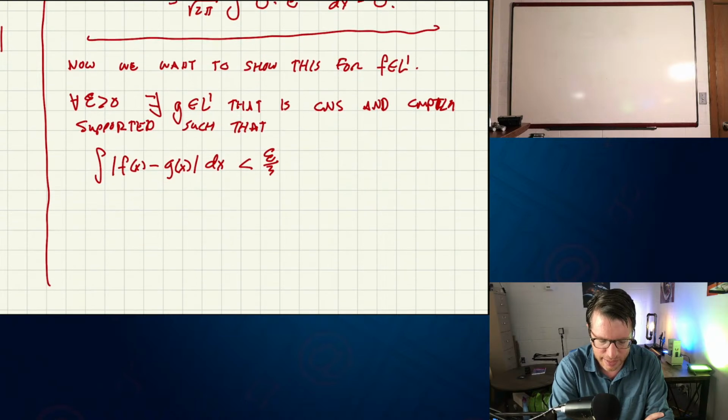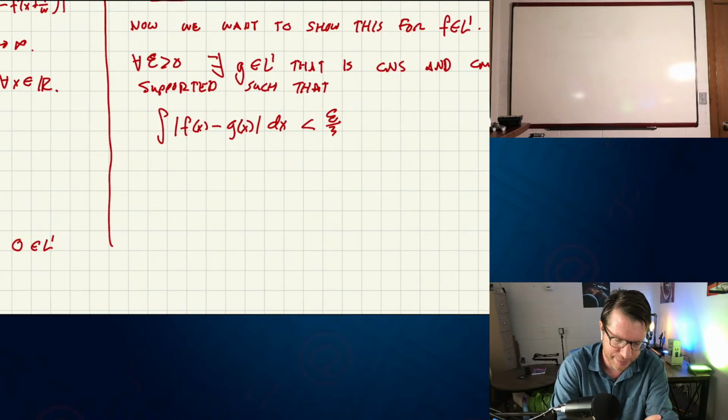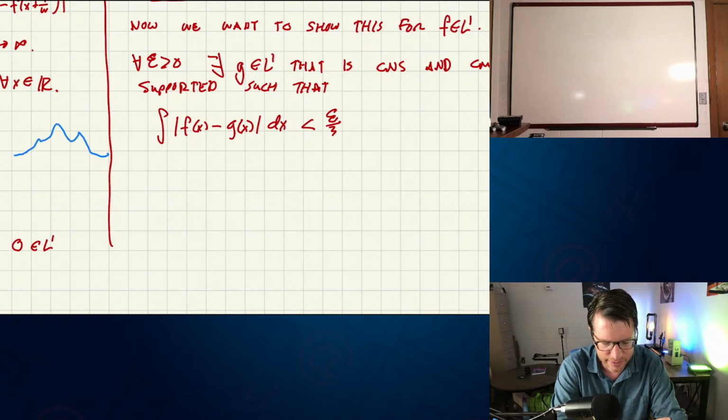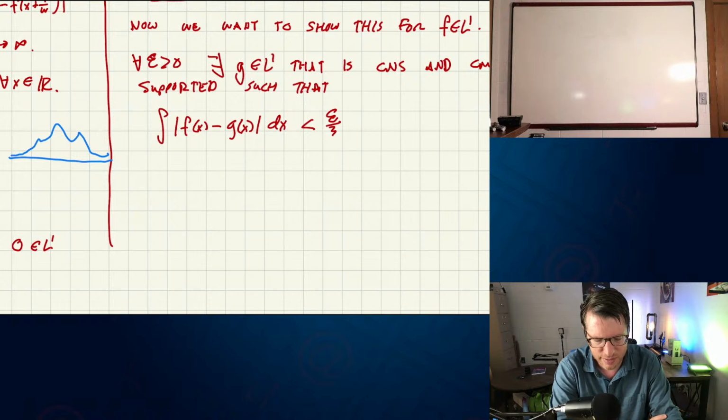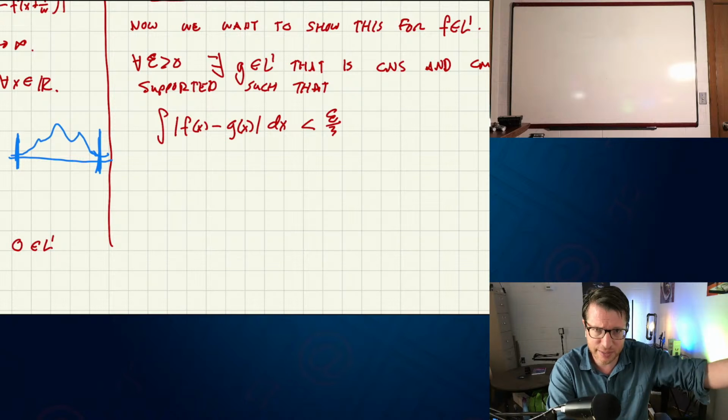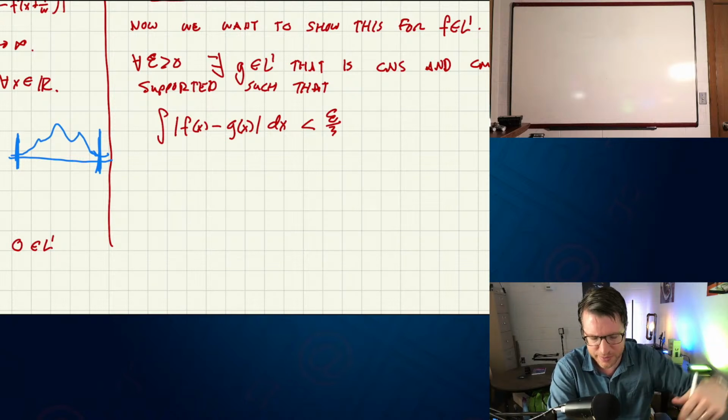And so the intuition here is not too bad. Essentially, you have some sort of function f that is something like this. Maybe it has a few spikes out there or whatever, but you can first cut off the tails at some epsilon, so remove that residue and get rid of it, and then just work with this function here, and then you can get a continuous function that gets really close to whatever your L1 function is.